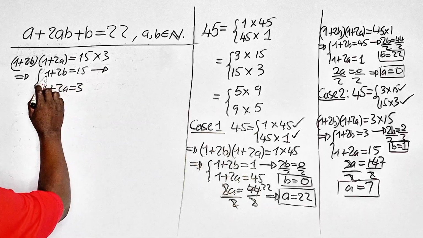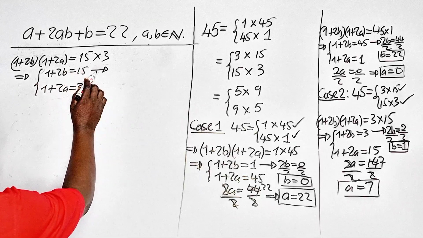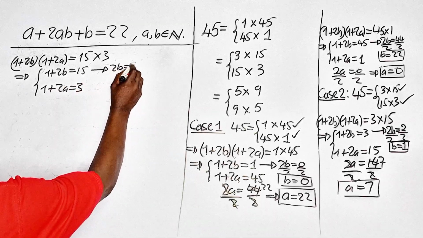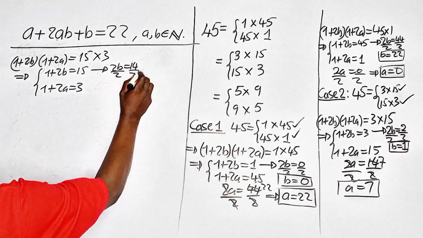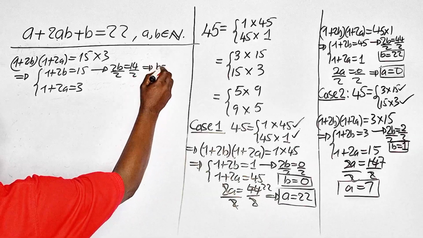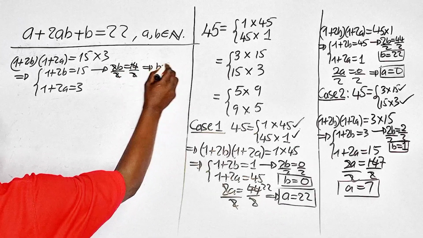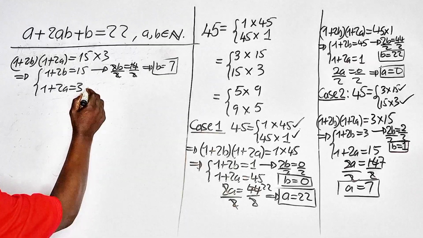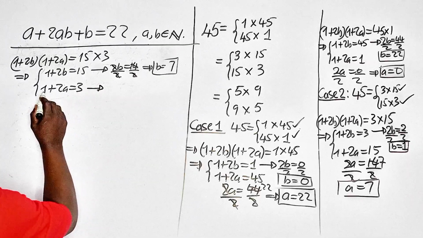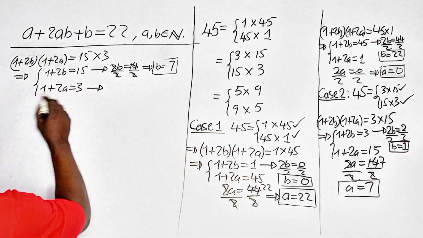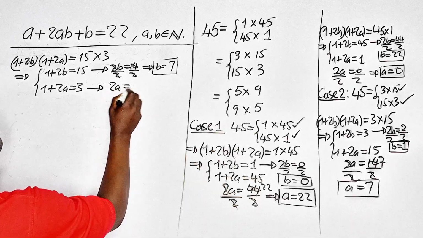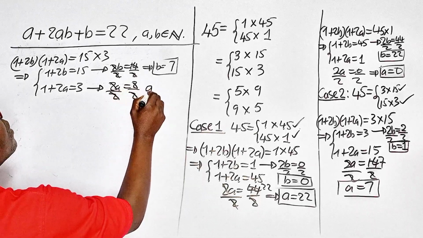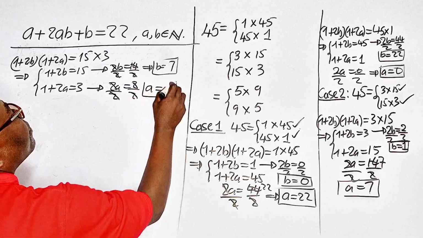We take the 1 from the left hand side to the right hand side, it is subtraction. 15 minus 1 is 14. So we have 2b is equal to 14. If we divide both sides by 2, we see that b is 7. Let's solve for a here. Take the 1 to the right hand side, it will be 3 minus 1, which is 2. We divide both sides by 2, we see that a is 1.